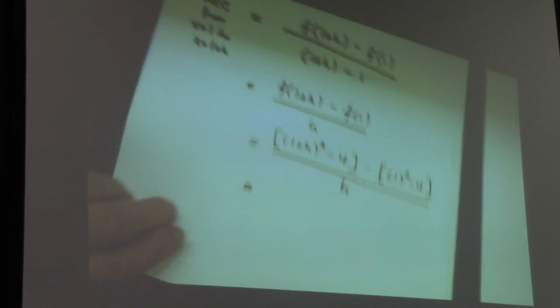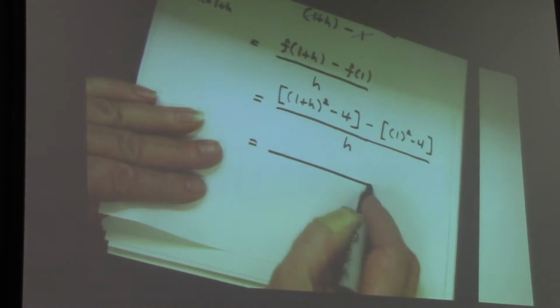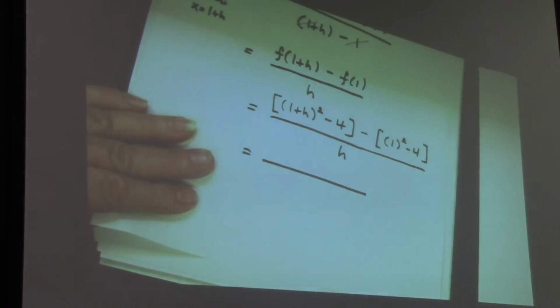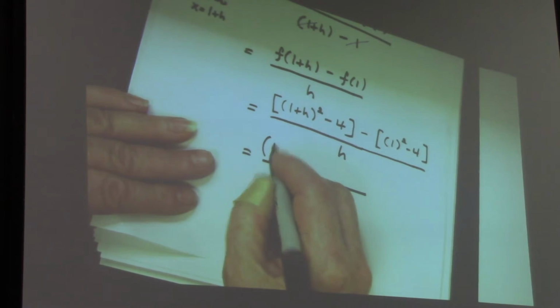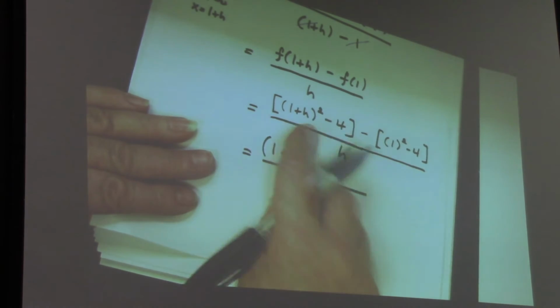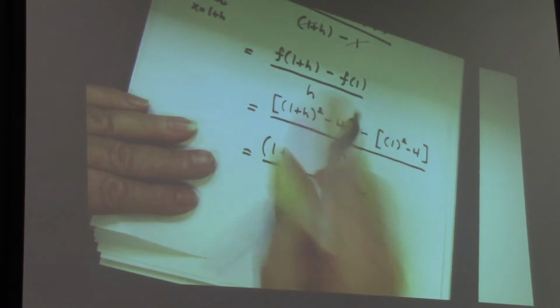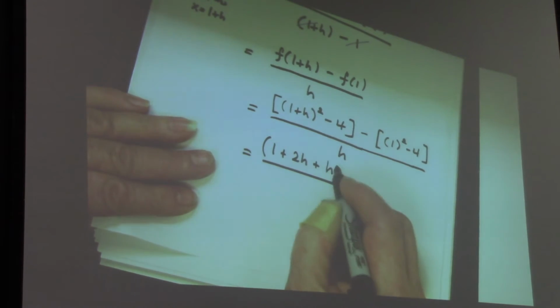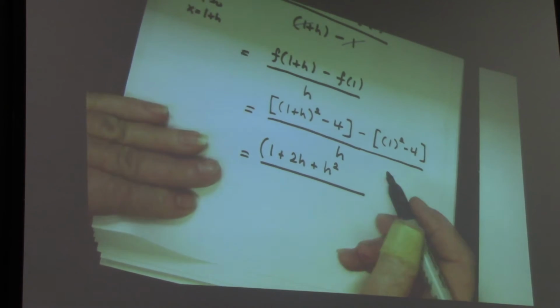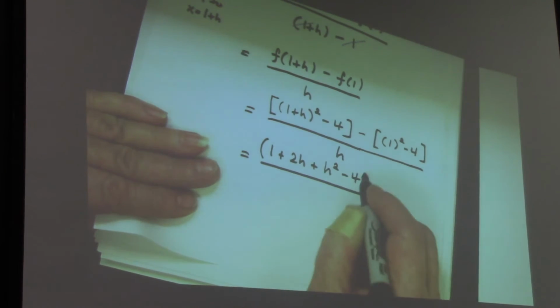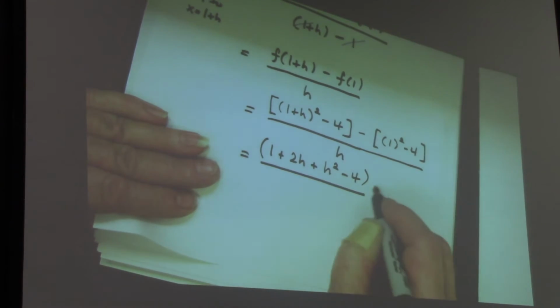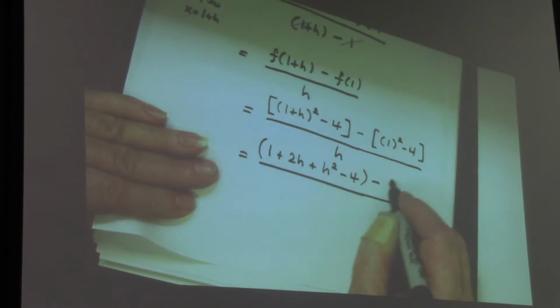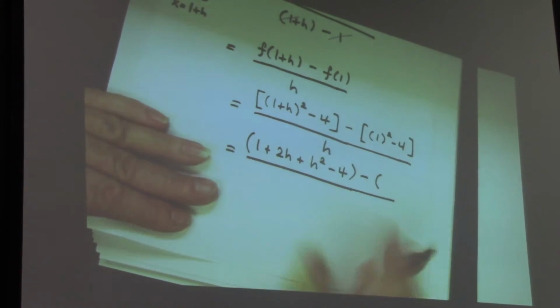So what do we get when we square 1 plus h? 1 squared is 1, plus 2 times 1 times h is 2h, plus h squared, minus 4, minus, let's do this all together. What's 1 squared minus 4?